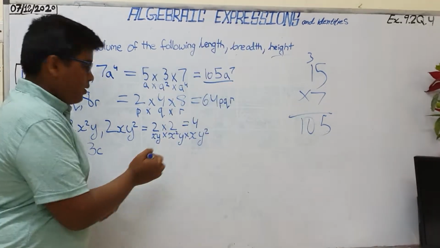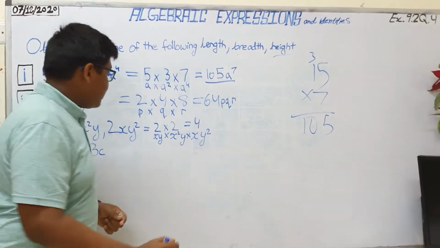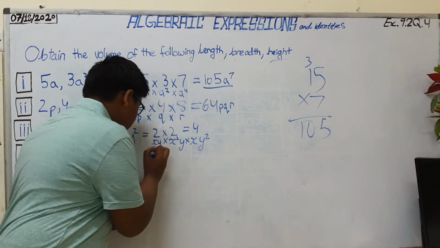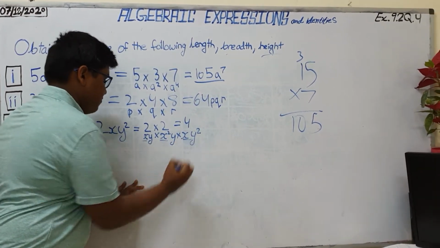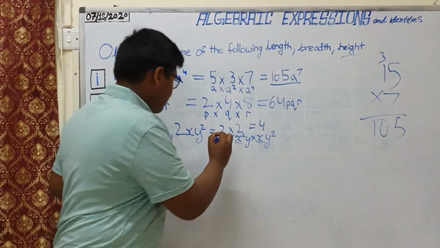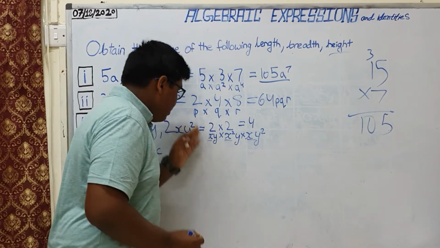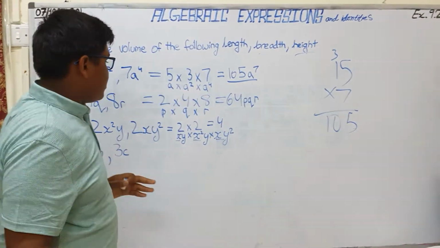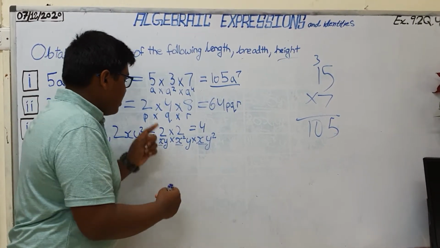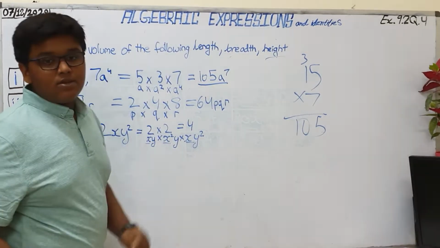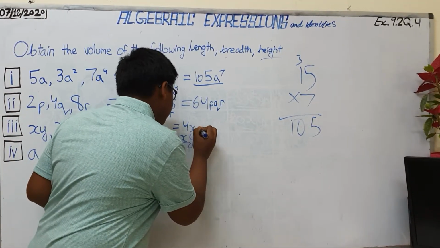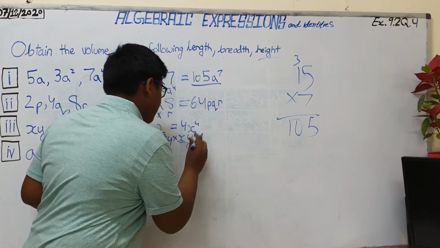Now we have to pay attention to these variables and the powers. Now look at the variables. x. We have three same variables here, which are x. Now multiply them, which will be equal to x. Now look at the powers. 1 plus 2 equals 3, and 3 plus 1 equals 4. Now we got the power of x equal to 4.